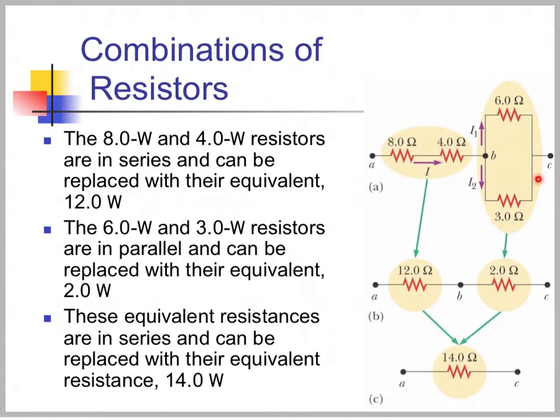The 6 and the 3 ohm resistor are in parallel. So 1/6 plus 1/3 is 3/6, which is 1/2, and we invert that and we get 2 ohms. And then these two would be in series, so we can complete the whole thing with a 14 ohm resistor.